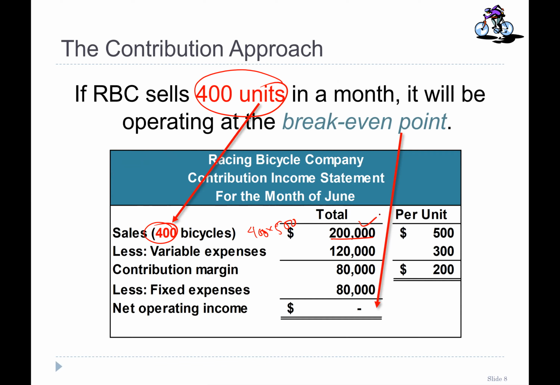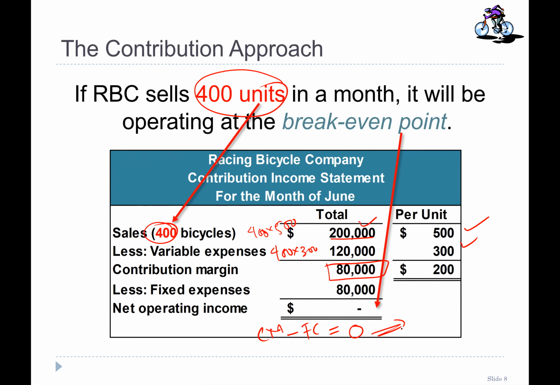Answer is 200,000. 400 multiplied by 300 variable cost, 120,000. Answer remaining is 80,000, right? Or you see here the CM minus fixed cost is equal to 0.